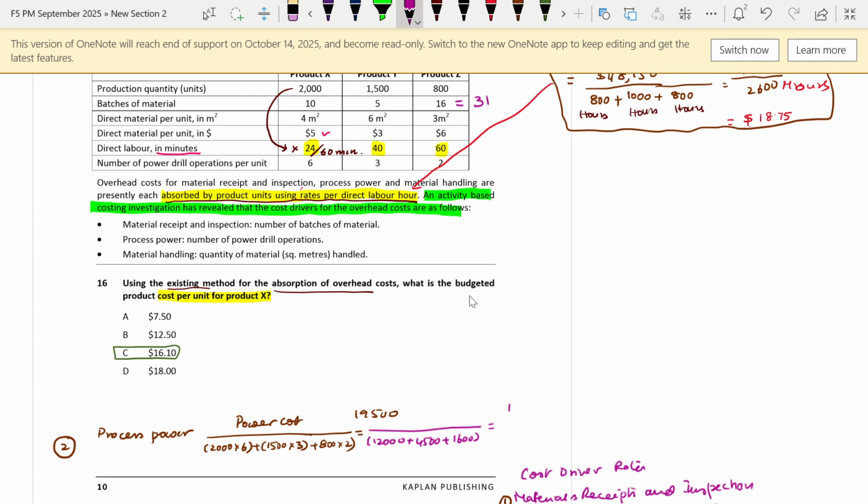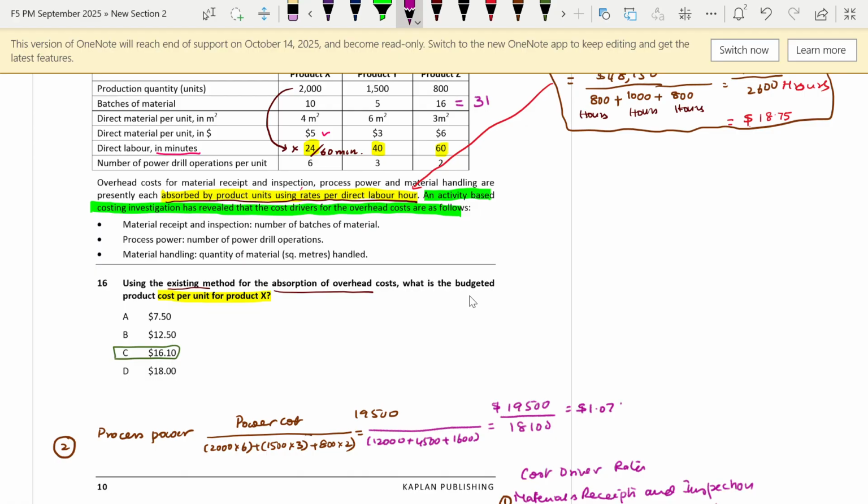It comes to 18,100. Check. 19,500 divided by 18,100 is 1.07, 1.07778.